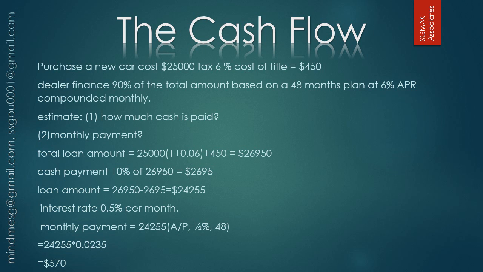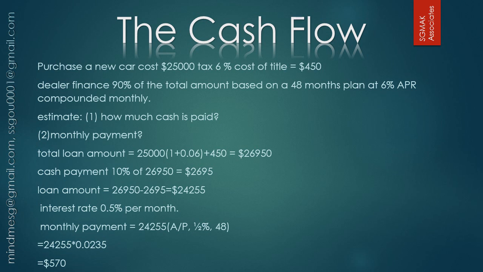So you want to find out how much cash you have to pay right now, and what's your monthly payment. The total loan amount is: you add 6% sales tax to $25,000, and we add $450 separately. So that gives us $26,950. The total amount is $26,950.